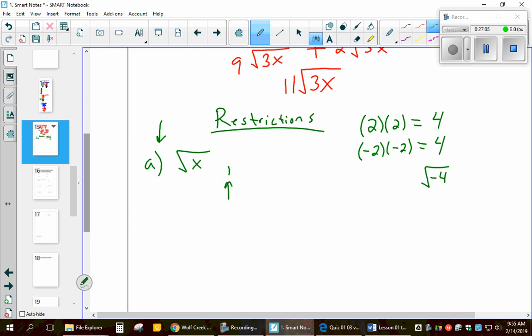Here, let's write that down. The square root of x, where x, now I'm just stating what x has to be. x has to be greater than or equal to 0.